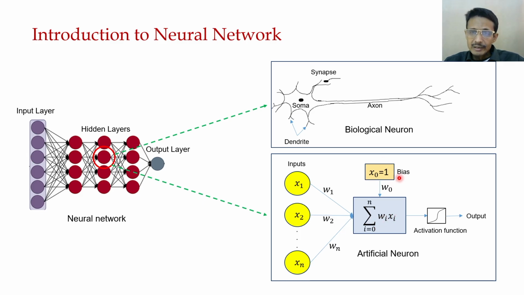Bias is another special kind of input that is also weighted by its weight. So these weights are basically the parameters of the artificial neuron. Then this sum is fed to a nonlinear activation function to produce the output. What the roles of W1, W2 and so on, the weights and biases, are, and what the activation function is, we will understand one by one in this course.